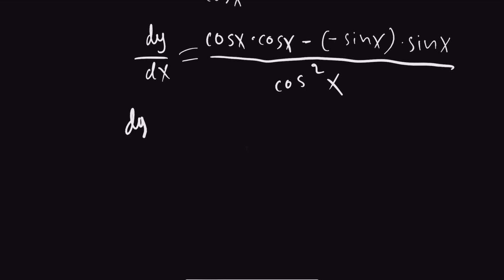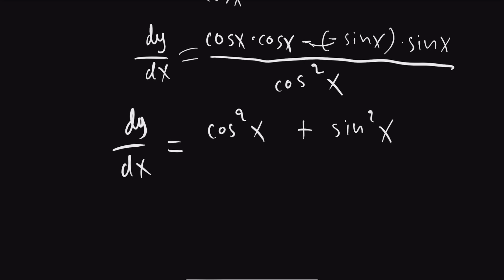So what I have is dy/dx is equal to cosine of x times cosine of x, which is simply cosine squared of x. So I have cosine squared of x. Then over here, negative and negative is positive. So I have plus sine of x times sine of x, which is plus sine squared of x, divided by cosine squared of x.